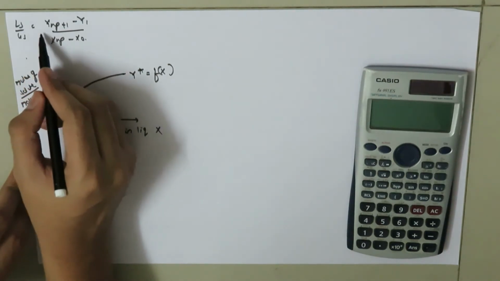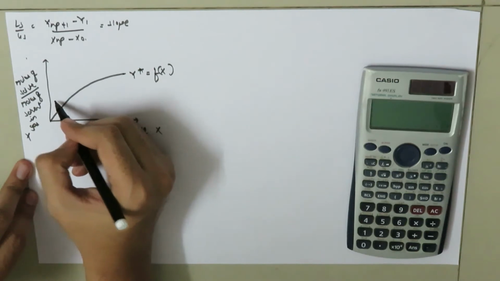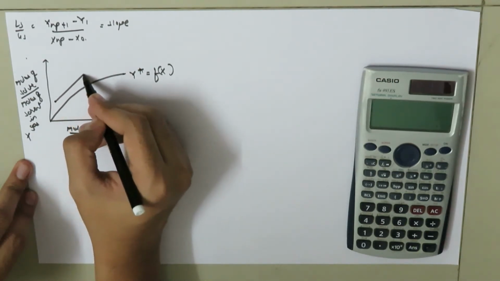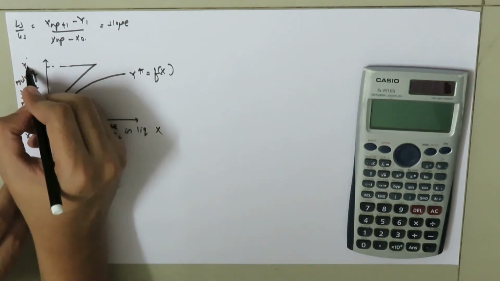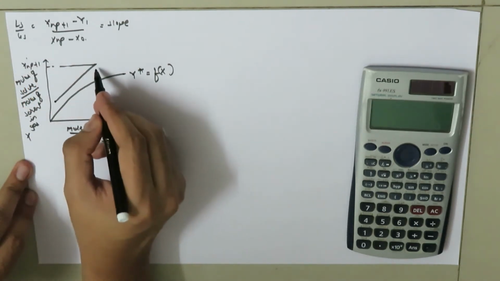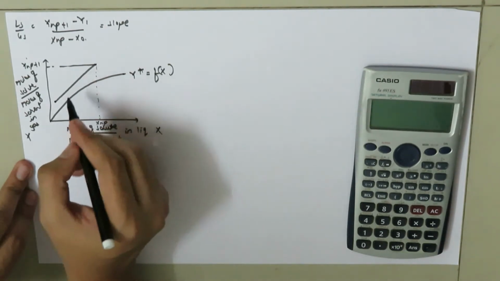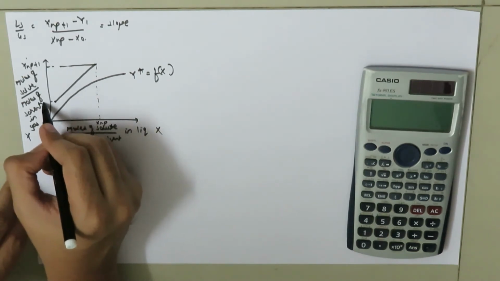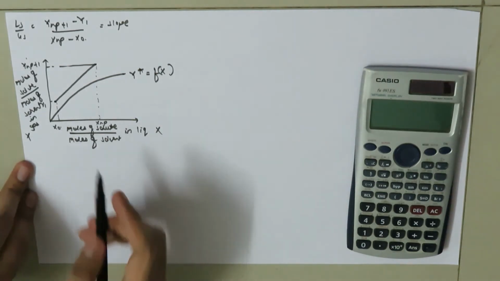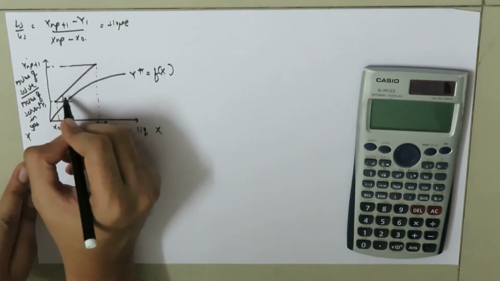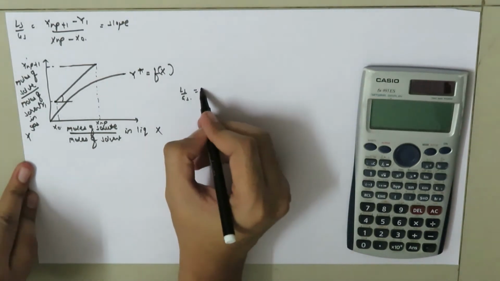If we draw our operating line like this, the corresponding point will be Y_{Np+1}, and here we have X_{Np}, and here will be our Y1 and this is our X0, and the slope is given by Ls over Gs.